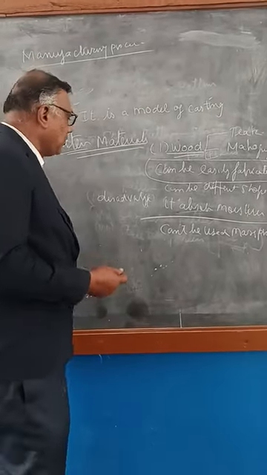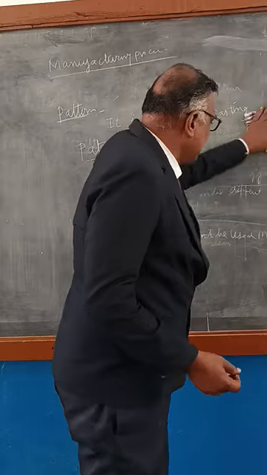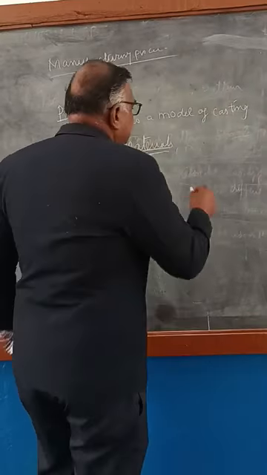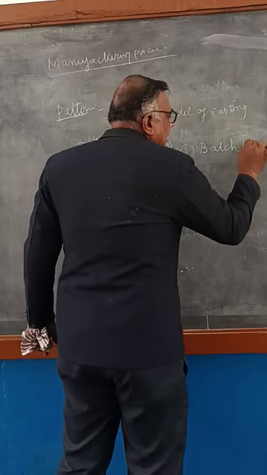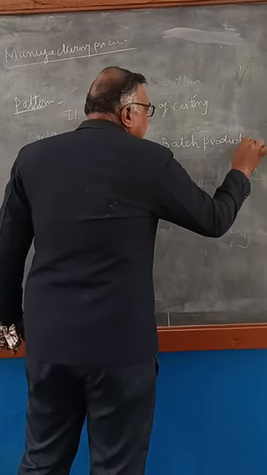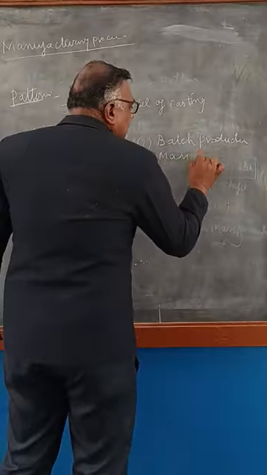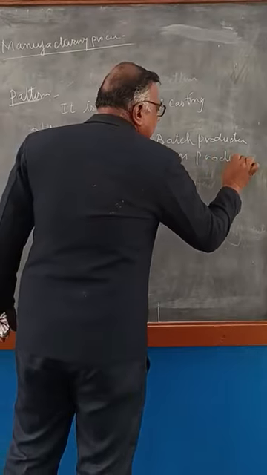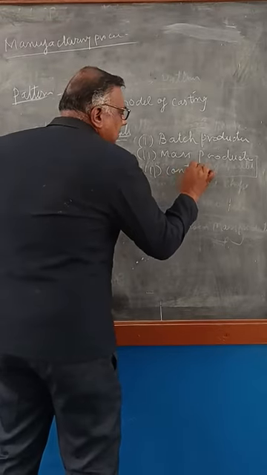Generally there are three different types of production. One is batch production, mass production, and the third one is continuous production.